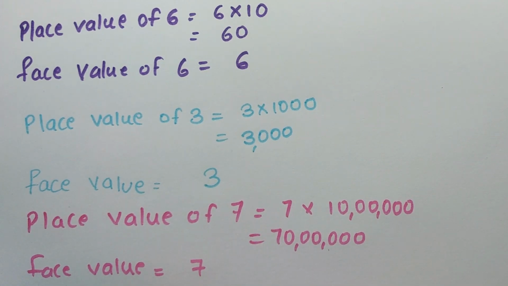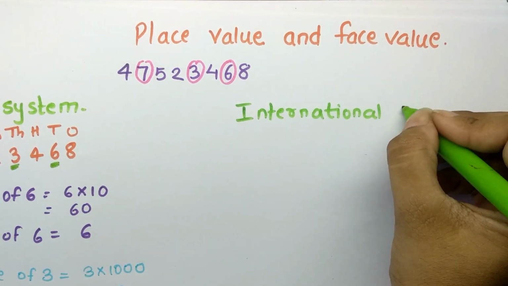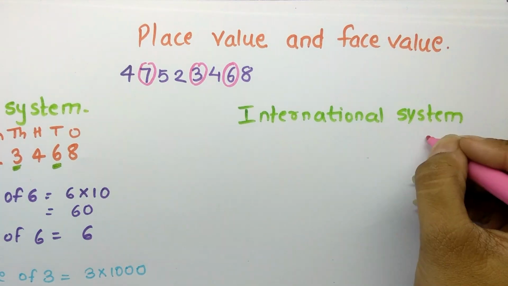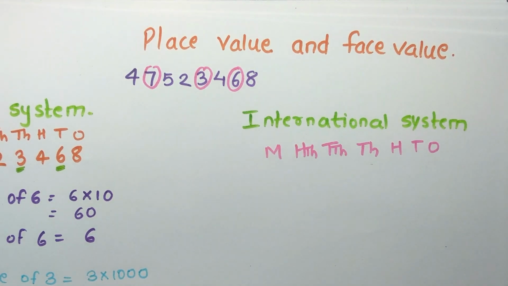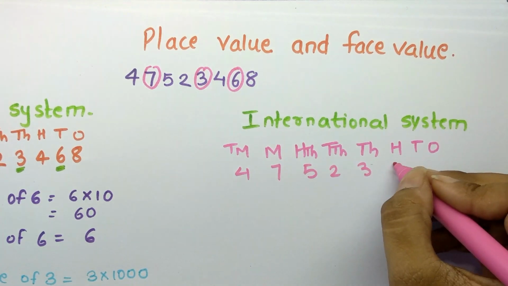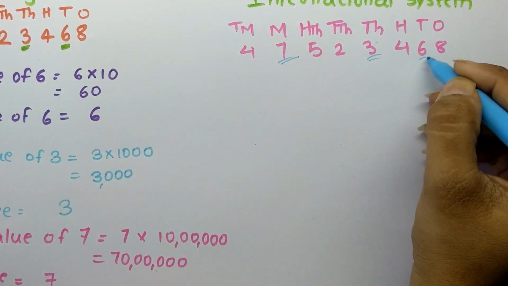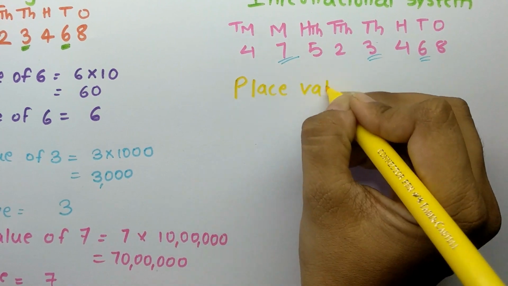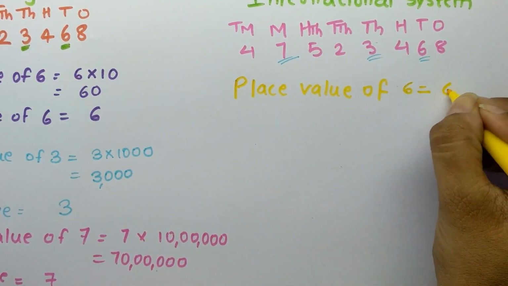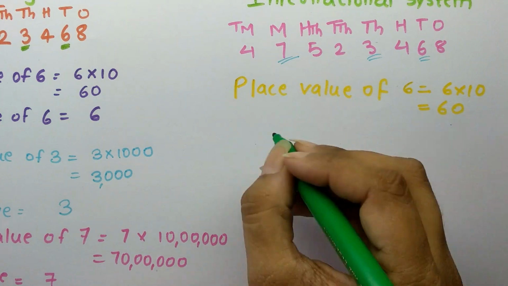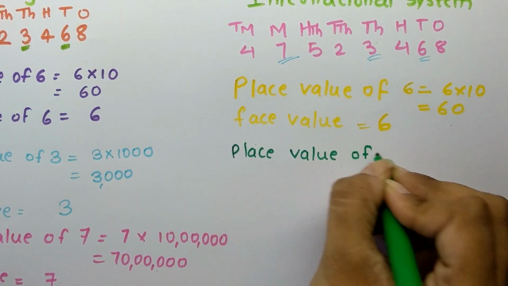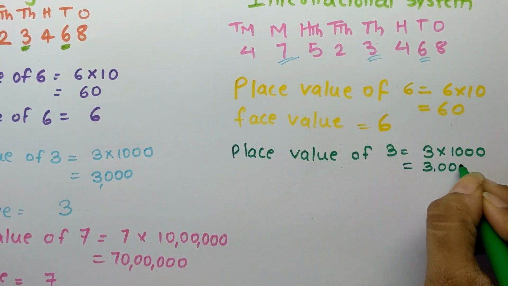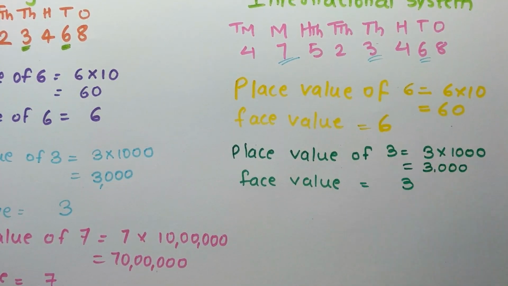Now, in the international system of numeration, you will follow the same steps. The only difference between the place values would be how you put commas or how you write those in words. So we will do the same steps here as well. The place value of 6 will be the same, that is 60. Face value will never change. The place value of 3 will be again 3000 and the face value will be 3.